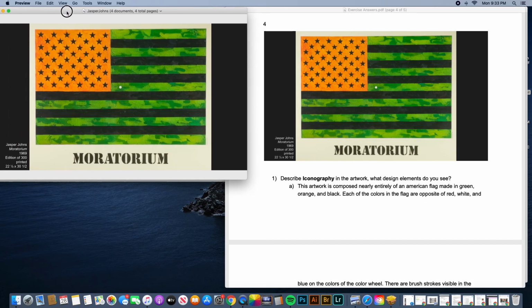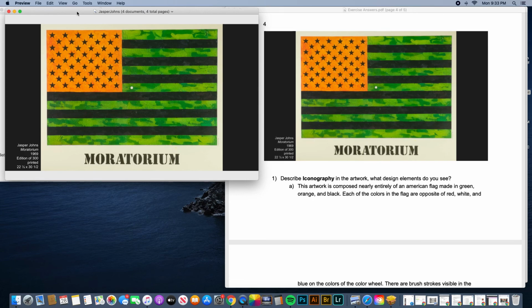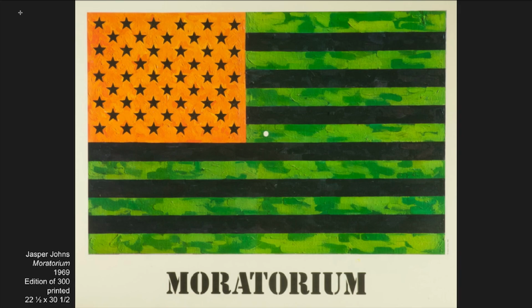I do want to say that I think this is a fun artwork. I like it because of the optical illusion that you see. If you stare at that dot in the middle, and then close your eyes, you see an imprint of the American flag inside your eyes.